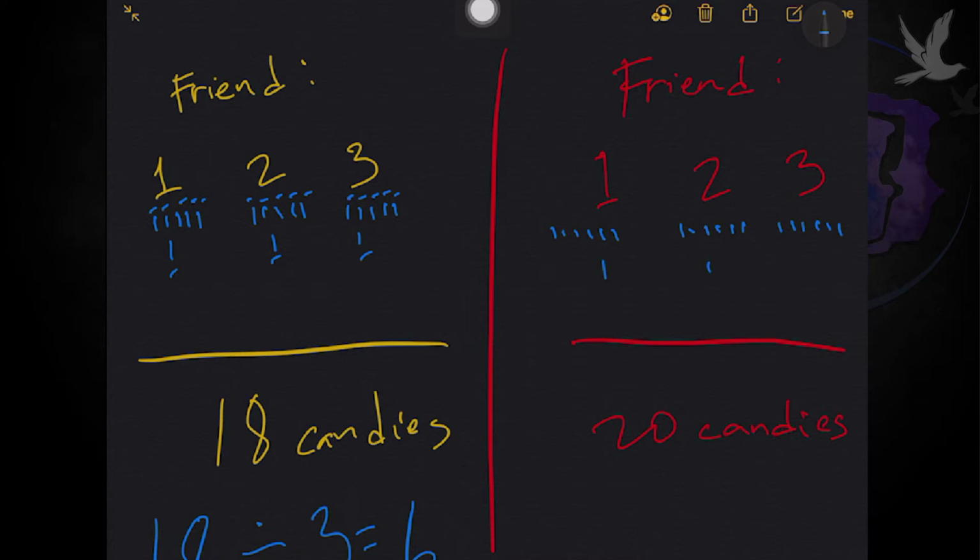So if you notice, we now are cut short. Okay, we don't have enough candy to give to friend number 3 in red to make the amount equal. So in this case, you cannot put this amount there.